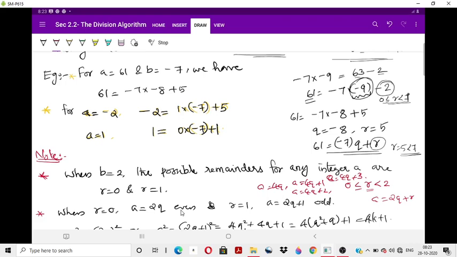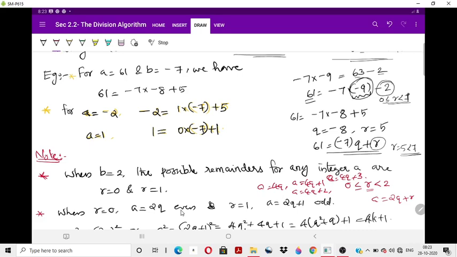Of these integers, any odd integer is of the form 4q plus 1 or 4q plus 3 when we talk about the division algorithm with b as 4, isn't it? Since 4q and 4q plus 2 are even numbers, the only odd integers are of the form 4q plus 1 or 4q plus 3.